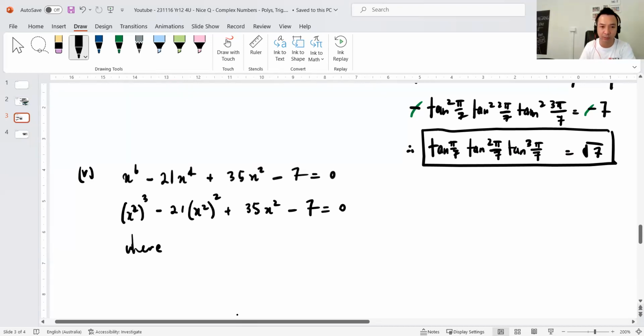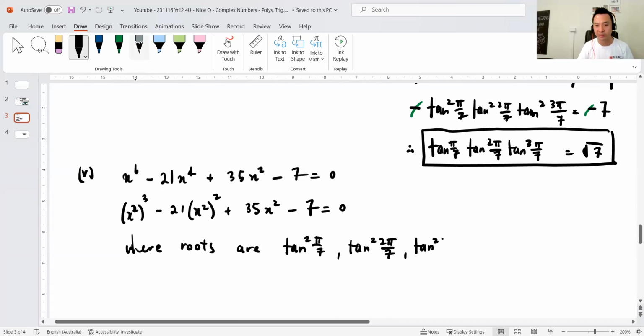In this case, this forms a polynomial where the roots are tan squared pi on 7, tan squared 2 pi on 7, and tan squared 3 pi on 7.